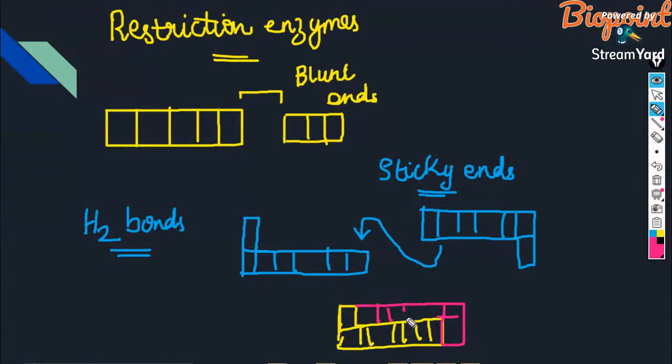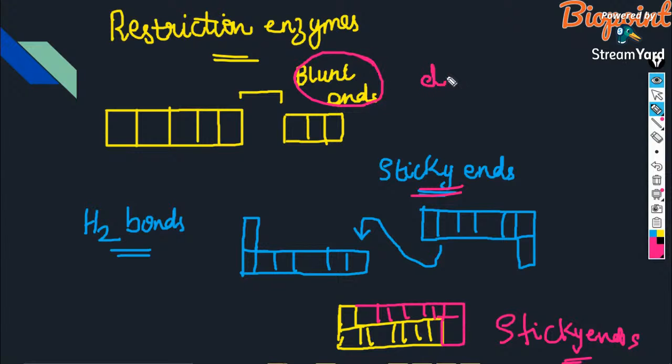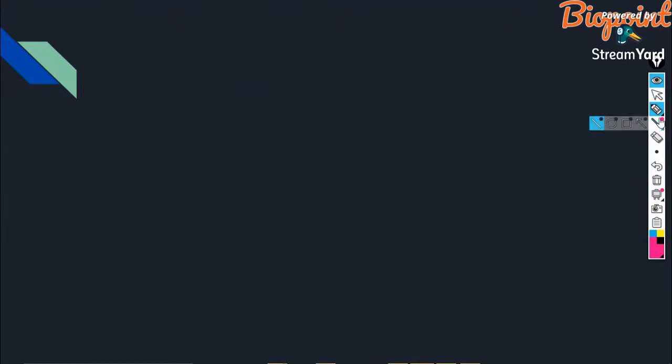Mainly for biotechnological processes, we use restriction endonucleases or restriction enzymes that produce sticky ends instead of blunt ends, because it is very difficult to rejoin or connect fragments of DNA having a blunt end. Is it clear?